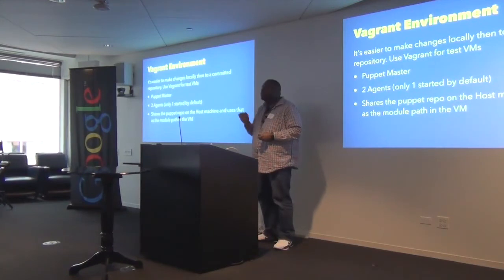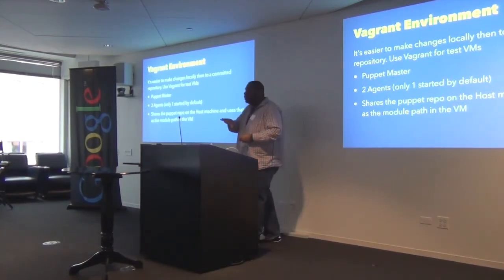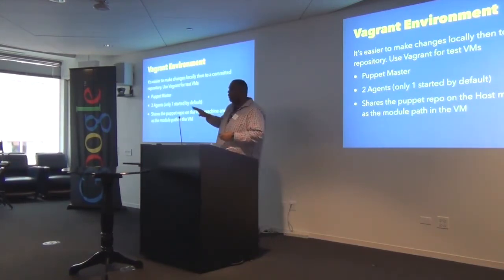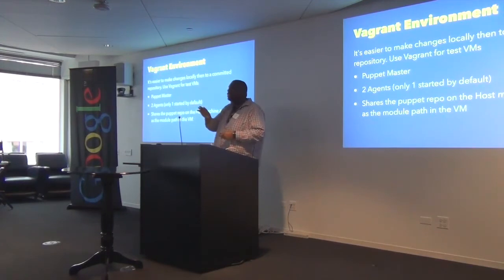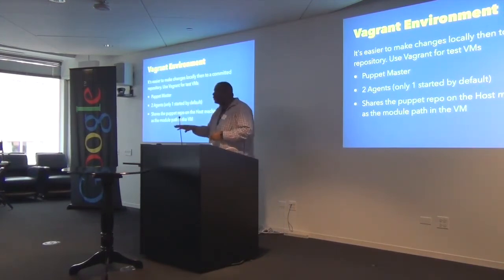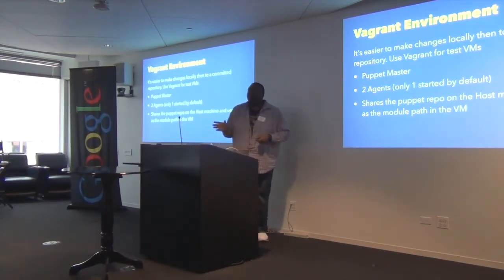The other big thing is we share our local Puppet repo module with the Puppet master in Vagrant. And what I mean by that is, what a lot of people do is they set up their Puppet master in Vagrant, and then they have to get their Puppet code base into the virtual machine somehow, right? So they do an rsync, or maybe they're pulling down the code repository. Vagrant allows you to share folders across the two.